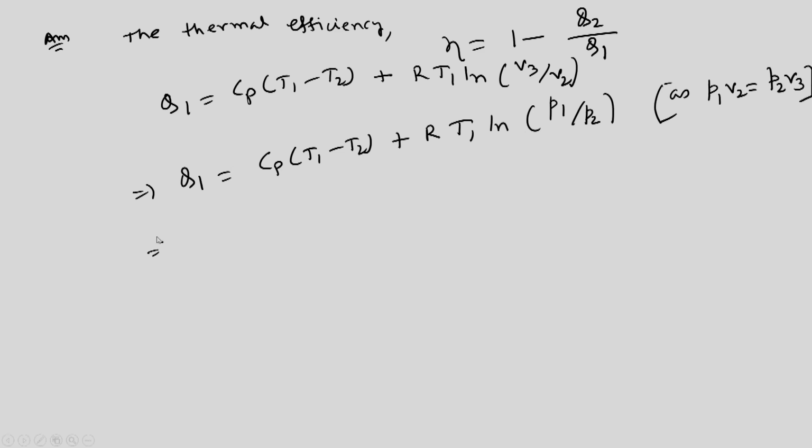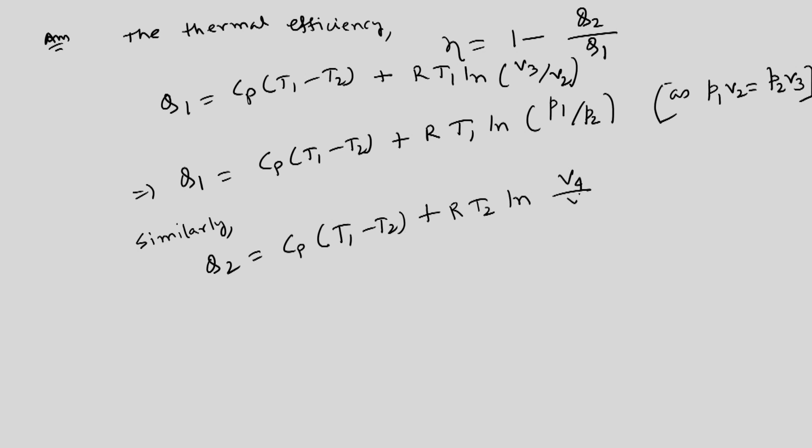So, you can similarly write Q3 or Q2 equals Cp (T1 minus T2) plus R T2 ln V4 by V1.